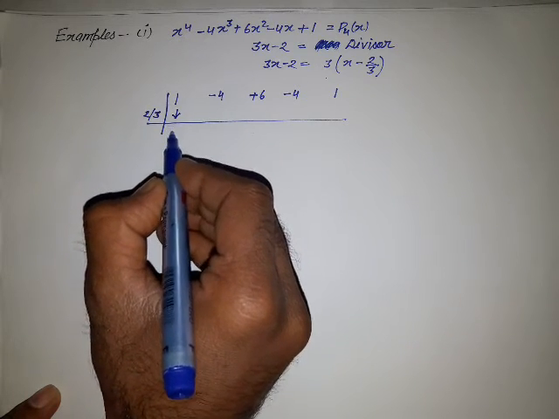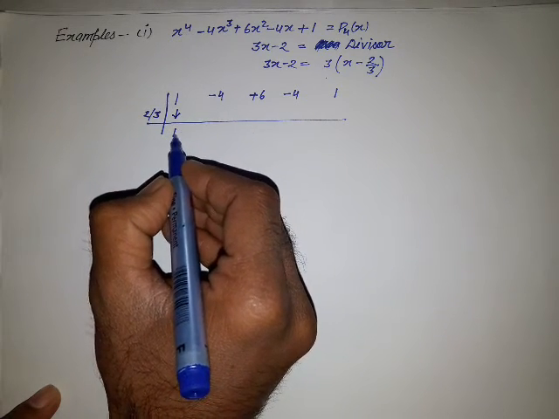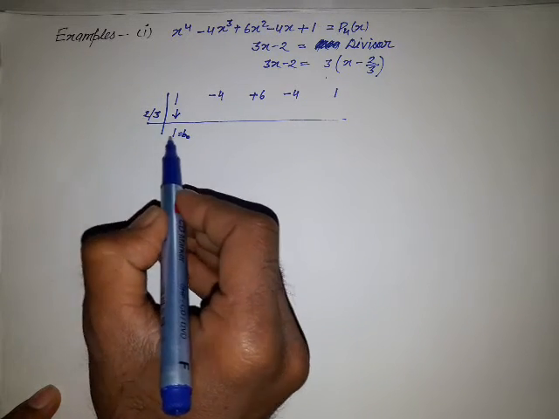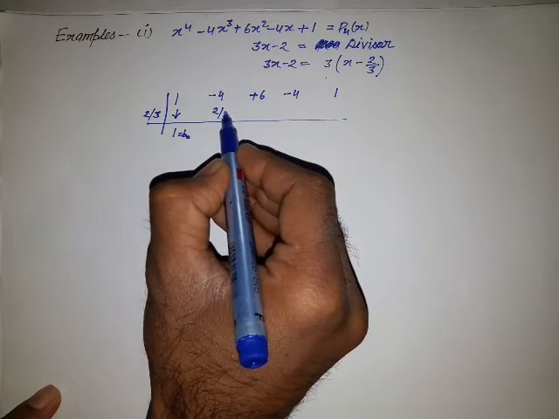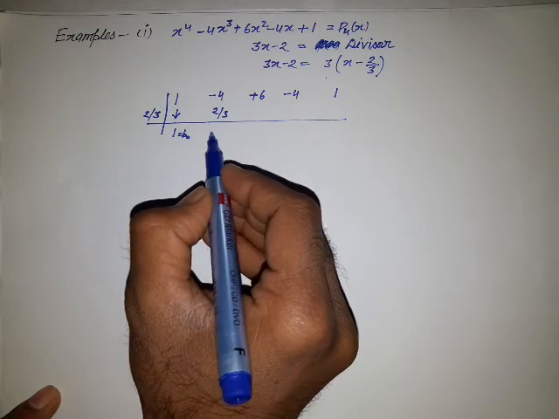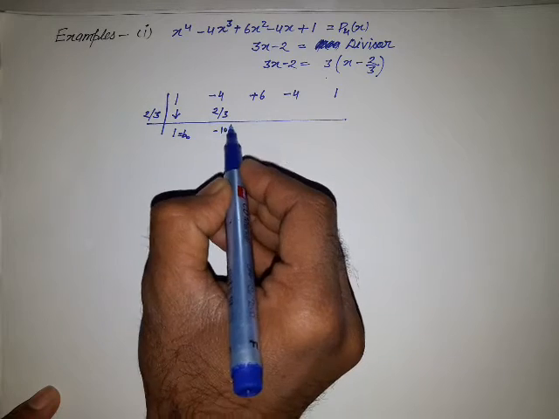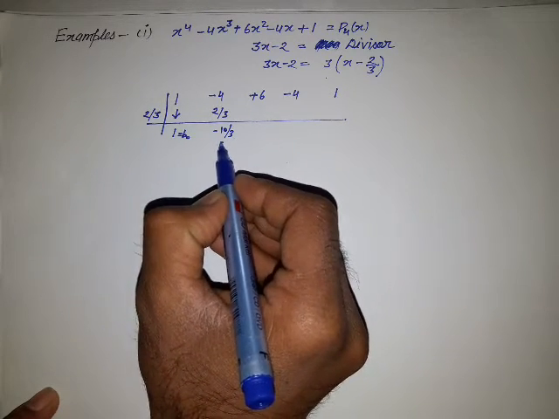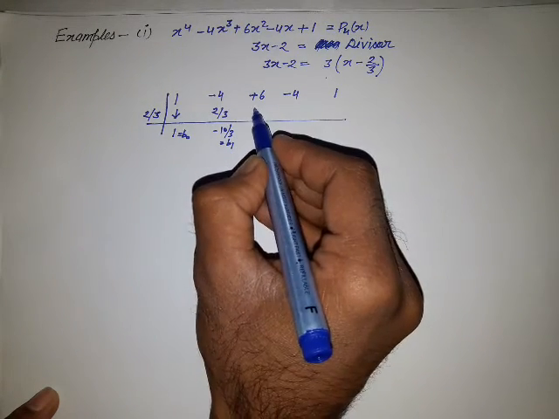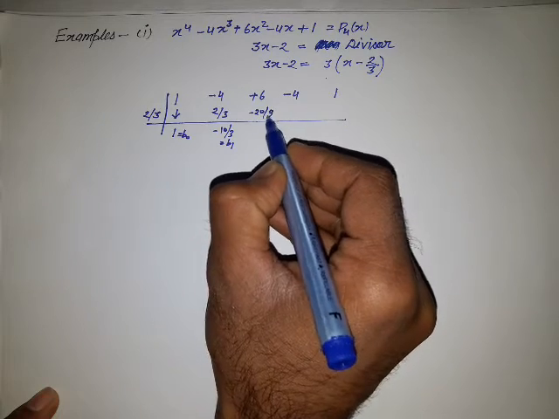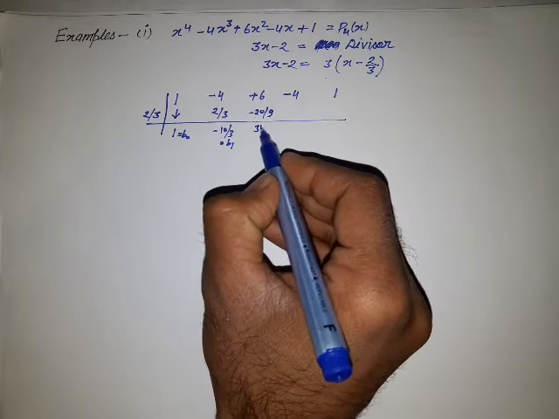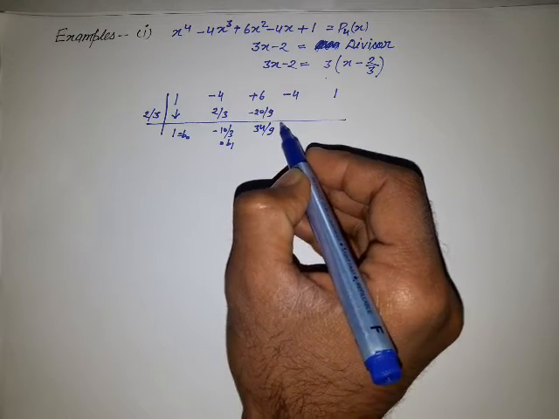So we write down 1 here, which is our b0. Now multiplying 2 by 3 to this, we get here, and now adding this and this, we get minus 10 by 3, which is our b1. Now multiplying again 2 by 3 to b1, we get minus 20 by 9. Now adding 6 and minus 20 by 9, we get 34 by 9.